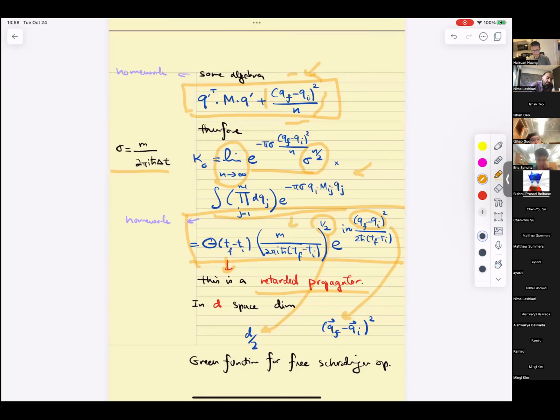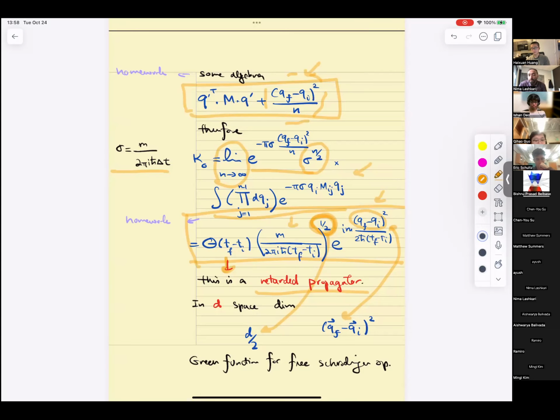This is a coefficient that is just 1 over tf minus ti to some power, and then there is a Gaussian phase. That is the result of the retarded propagator. The thing to keep track of is the Gaussian phase, the exponent up here, and this step function.